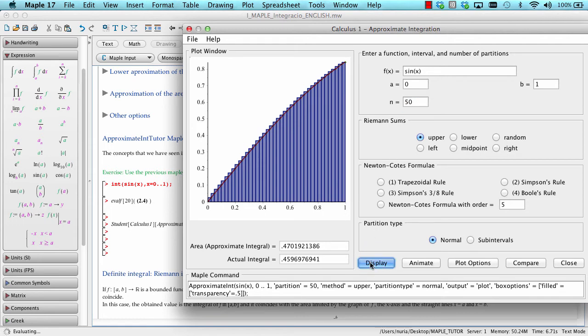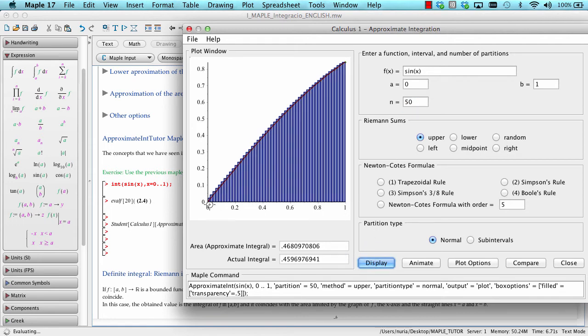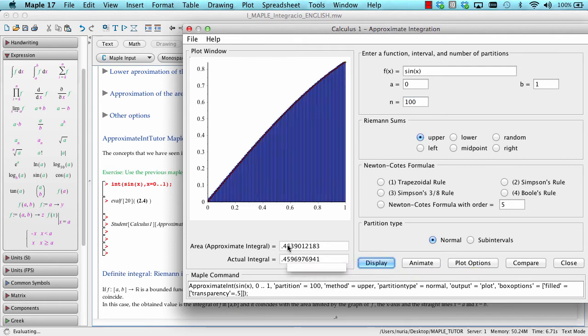So what we say is, what is the area below the curve? It is the limit of the areas we obtain as we tend the number of intervals to infinity. So if I say 100 intervals, you can see that we get a pretty good result.